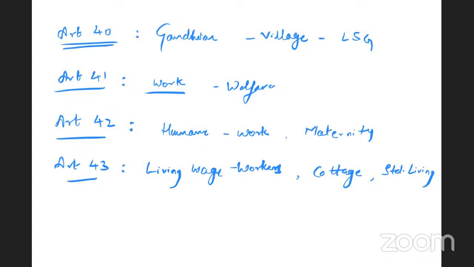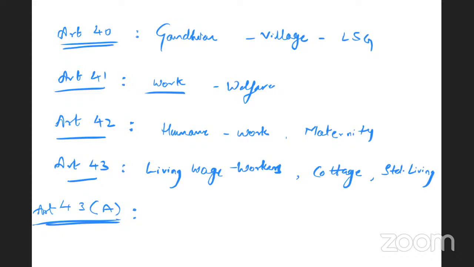Then you have Article 43, Clause A. This is an important article. Why? The workers are to be helped to become part of the management of industries and undertakings so that the productivity and responsibility of the workers at the workplace is improved and the workers become stakeholders of an undertaking. Industrial strife exists in India due to the conflict between the management and workers.